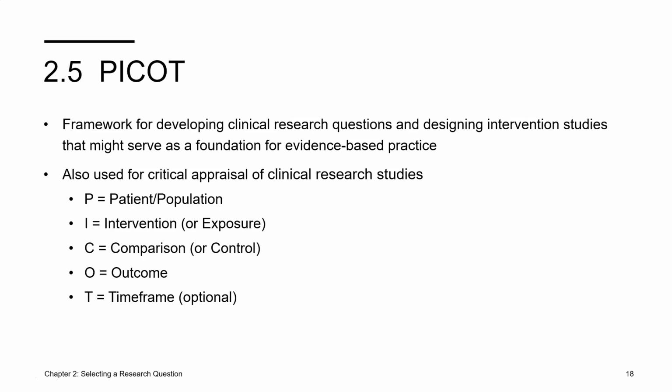Then your O is the outcome, which is similar to the D in our format, and then here we also have a T for time frame, which is sometimes in the PICO method and sometimes not, and typically it's not included in the exposure disease population question. It's all looking at research questions in the same way, but it's just framing it specifically to a clinical intervention.